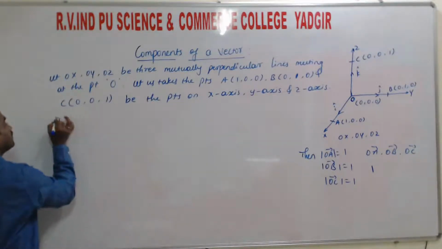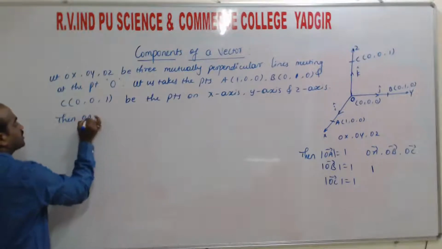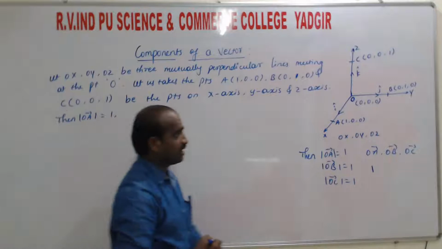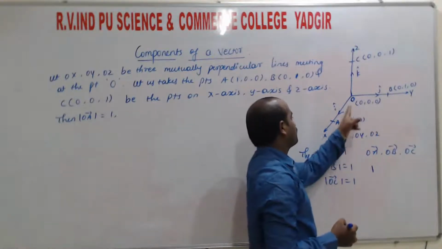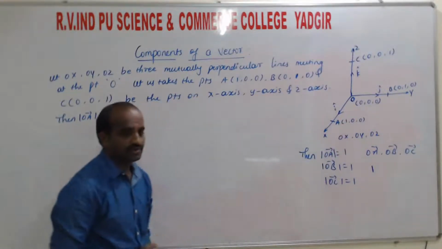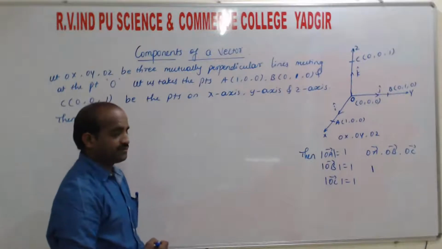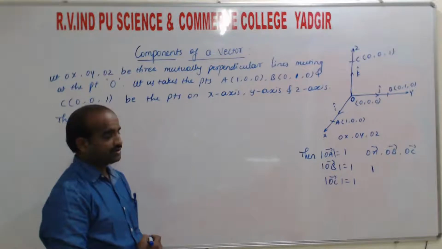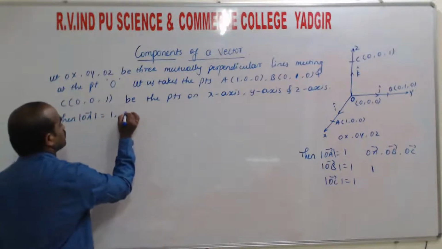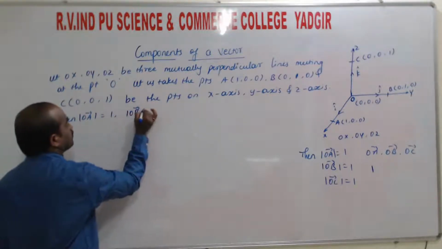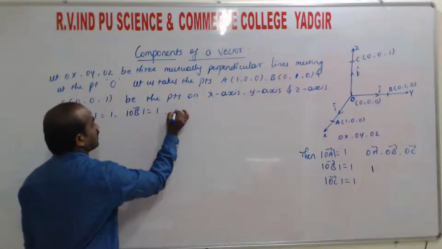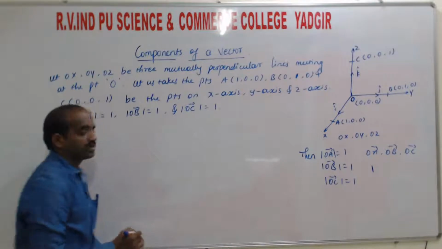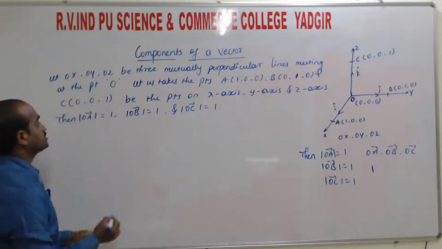Then the magnitude of OA vector, using the distance formula, is the square root of (0 minus 1) square plus (0 minus 0) square plus (0 minus 0) square, which is 1. Magnitude of OB is 1 and magnitude of OC is also 1.